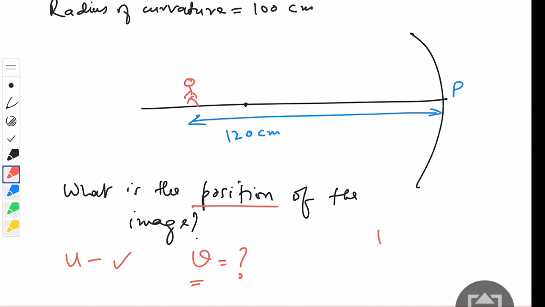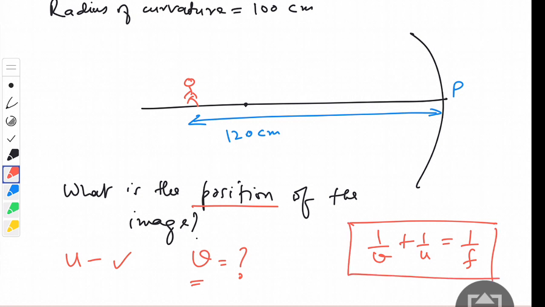Remember the formula, 1 upon v plus 1 upon u is equal to 1 upon f. This is the formula you have to use. Initially you will make some mistakes, and that is fine. Don't worry about it. Our goal is to make the mistakes now so that we don't make the mistakes later.